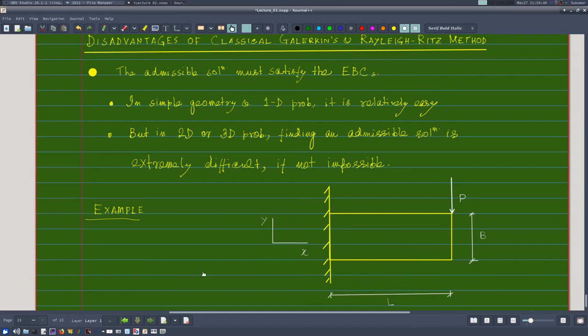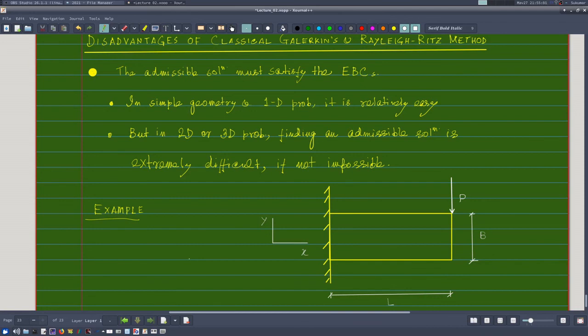In this classical method, the most difficult thing to start the solution is to find the admissible solutions for a problem.